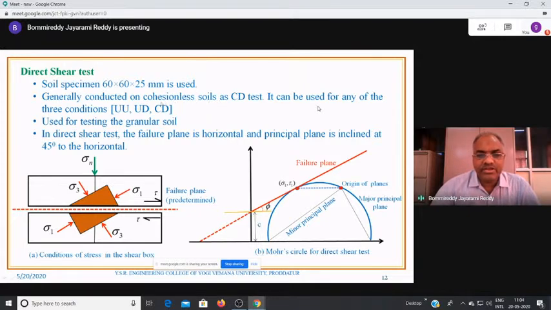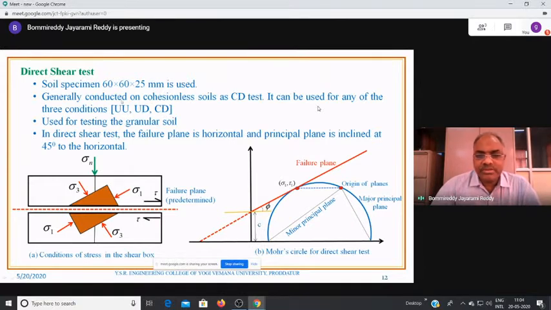Cohesionless soil means sandy soils. This test is most appropriate for cohesionless soils. But in the experiment, we can use all three types of drainage conditions: UU, UD, and CD.